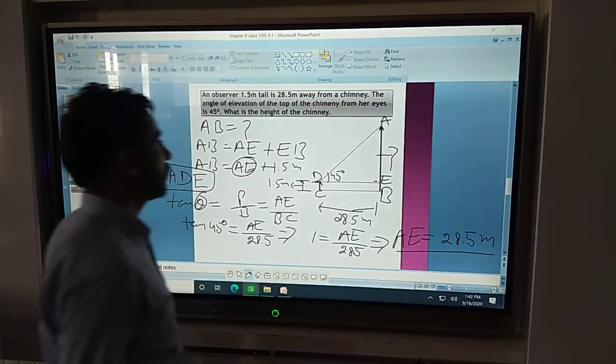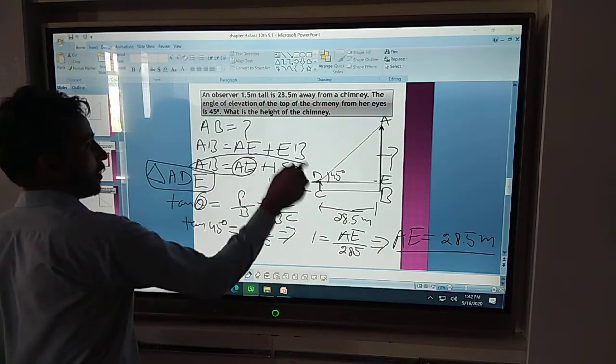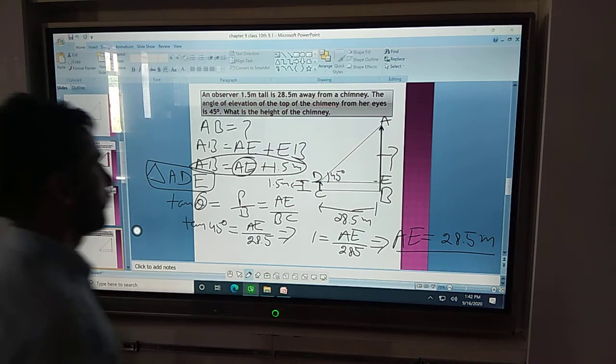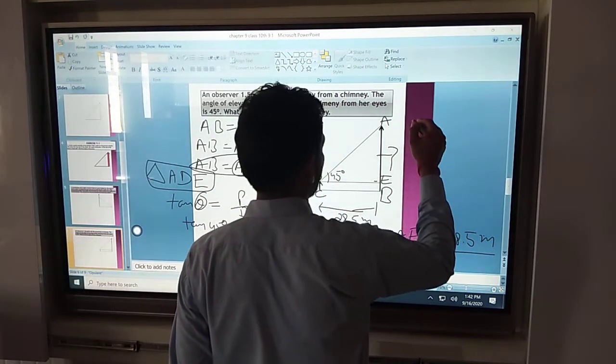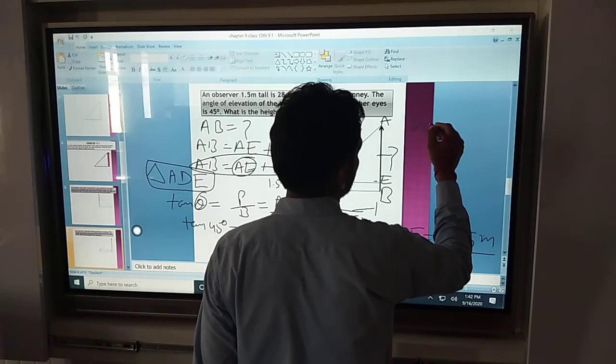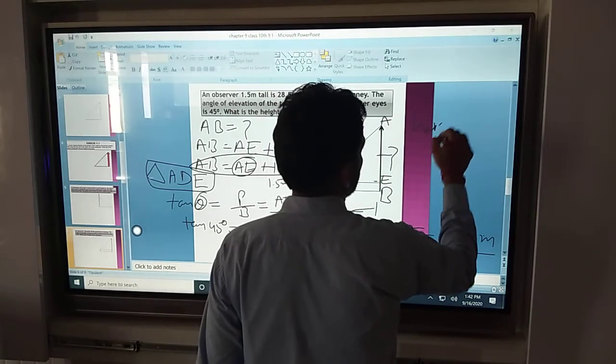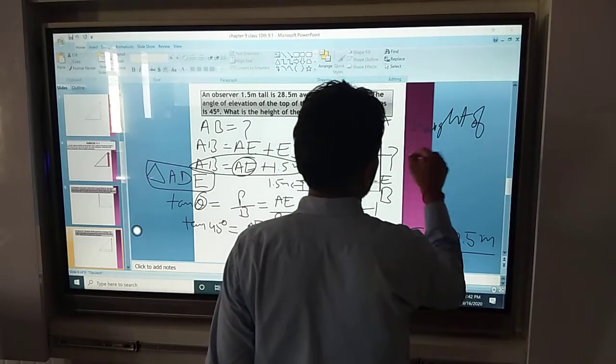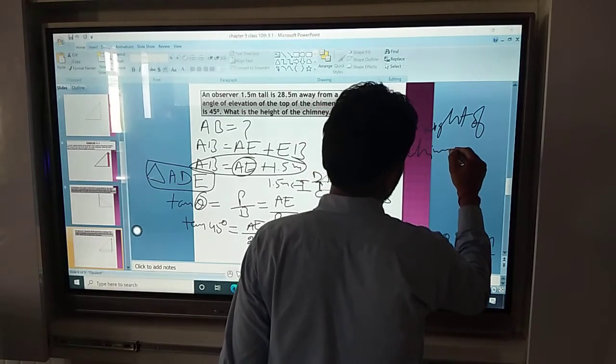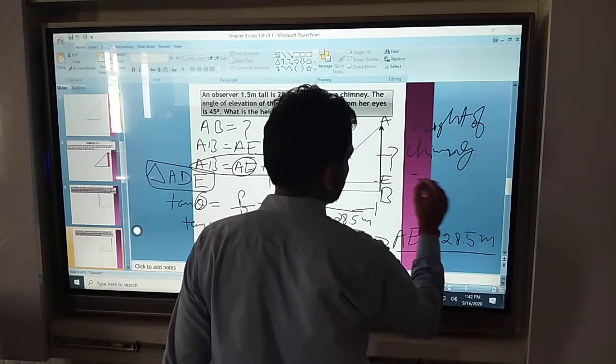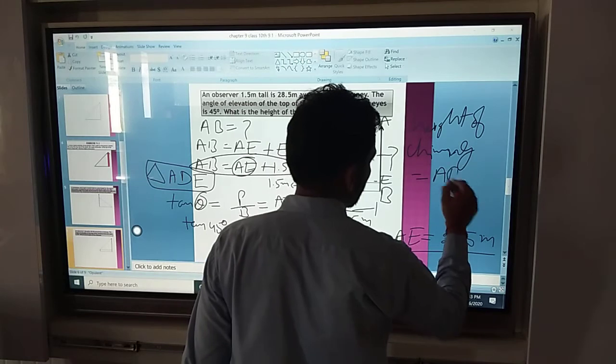Now, put the value of AE in this equation and we can find the value of AB. The height of the chimney is AB.